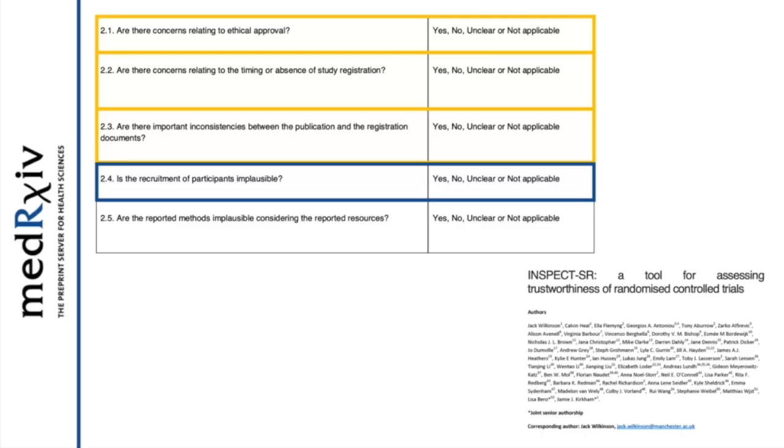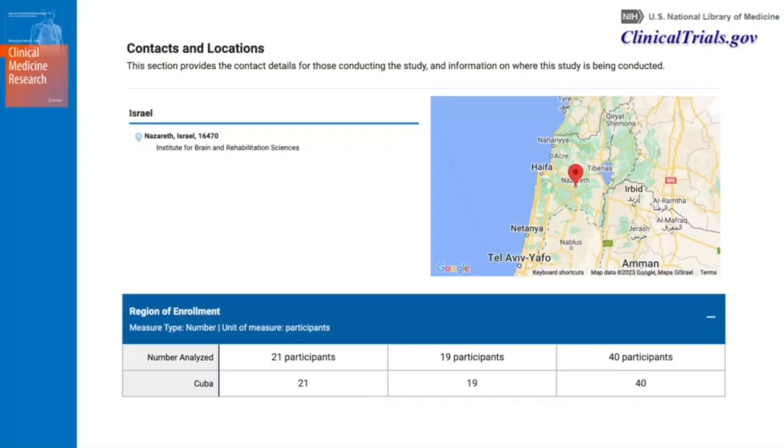Then, is the recruitment of participants possible? This is something pretty difficult to judge. It involves sometimes some field expertise, and we will try to look at that. But in this study, it was very interesting because contact location in clinicaltrial.gov was in Israel, while the region of enrollment was in Cuba.